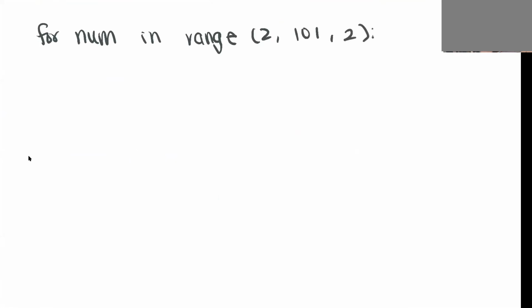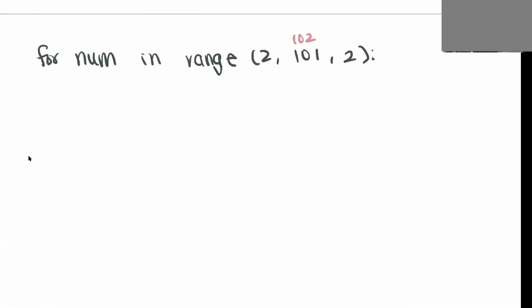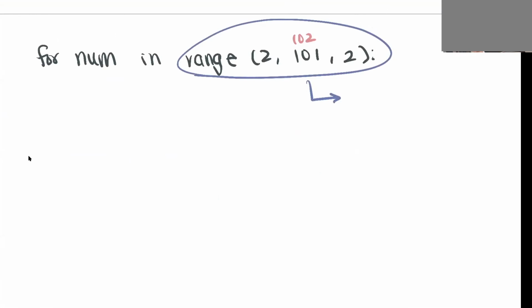So we had for num in range, and we started from 2. We went to 101, and we had 2. You could use either 101 or 102, remember that. So there was more than one answer to this. But regardless, what would this range come out to be? What numbers would we get?